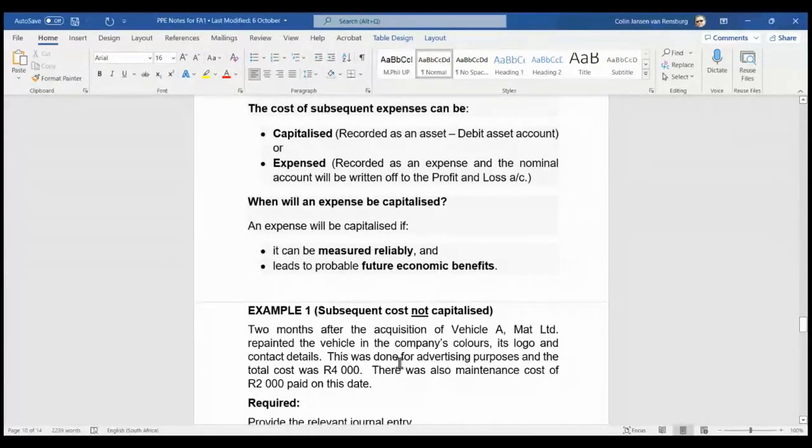And they say this was done for advertising purposes and the total cost was 4,000 rands. There was also maintenance cost of 2,000 paid on this date. So they probably at the same time had it serviced. So what would you say from an accounting perspective? What does your gut feel tell you? Should that be capitalized as part of the cost of the asset, or should that be written off as an expense?